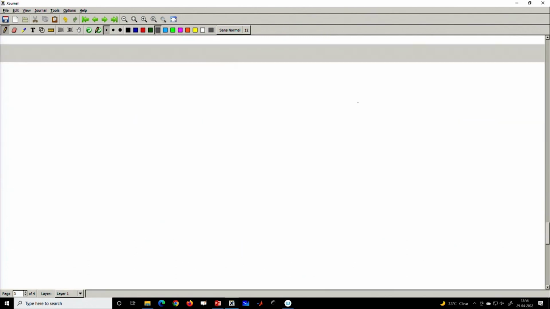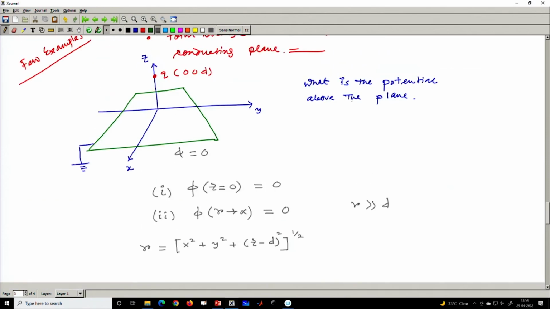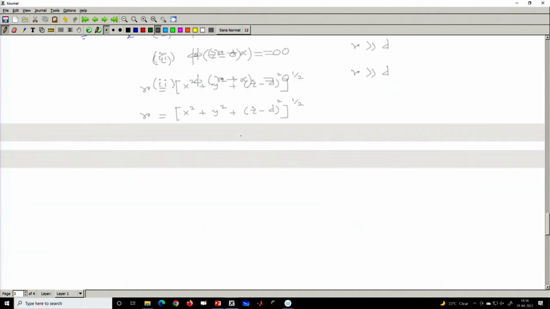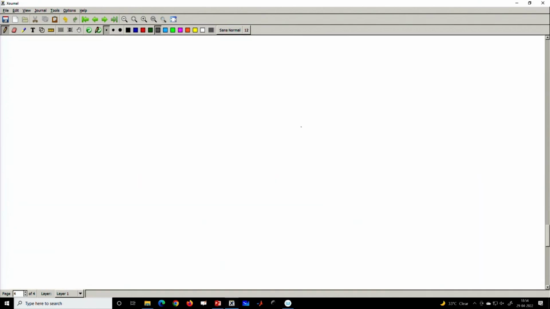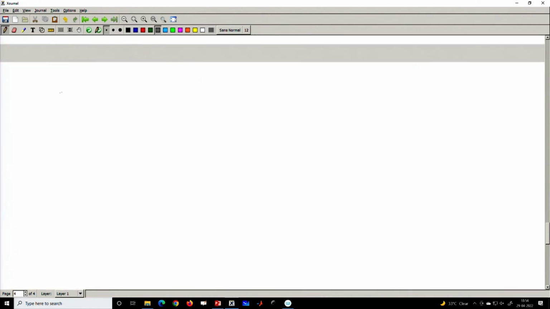Now, in the image method, instead of having this system, I have an equivalent system, and the equivalent system is this. That is why it is called image. We consider an image of this given charge just below the plate.